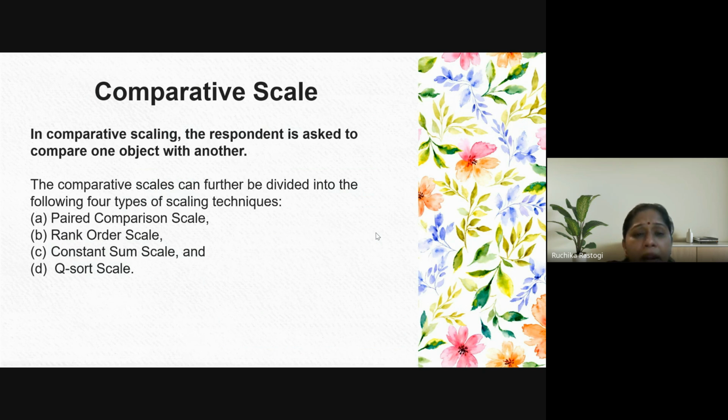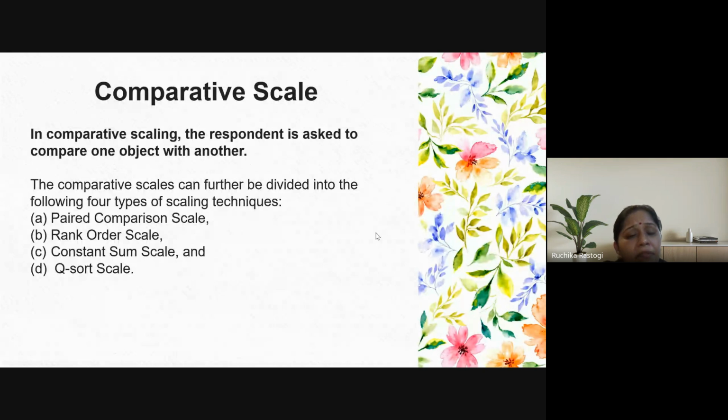So comparative scale, I think that should be clear in your mind. Comparative scale is to be used when we are about to compare one characteristic with another, one quality with another, one brand with another, one product with another. So if I want to compare Samsung with Apple, I will be using comparative scale rather than other kinds of scaling techniques.